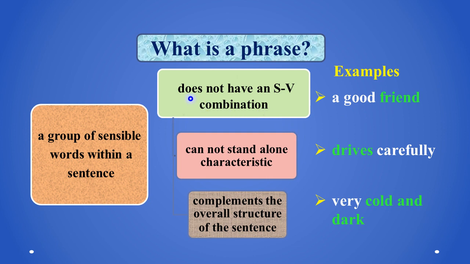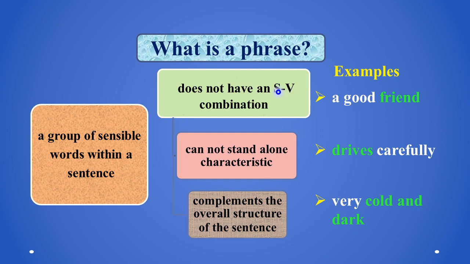Coming towards the second feature, a phrase does not have an SV combination. Now, what is SV combination? Students, you know, in English language, basic sentence structure that is followed is subject-verb. Subject is followed by verb. When we talk about a phrase, it is either a part of a subject or a part of a verb or predicate.